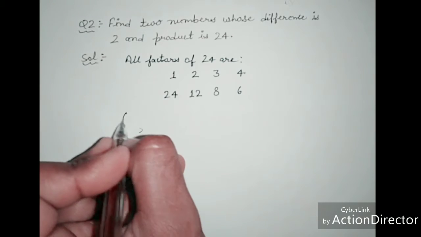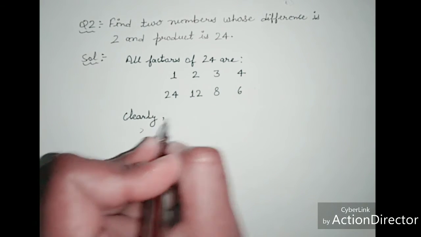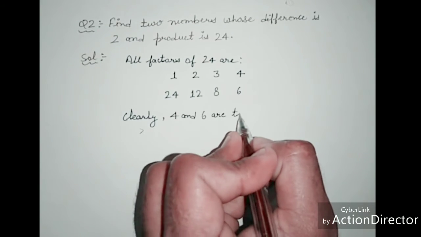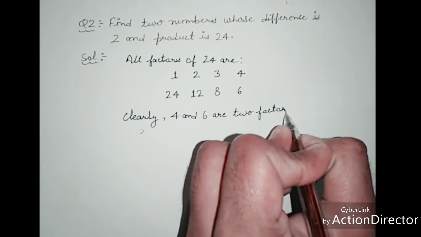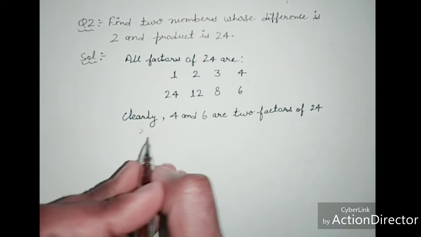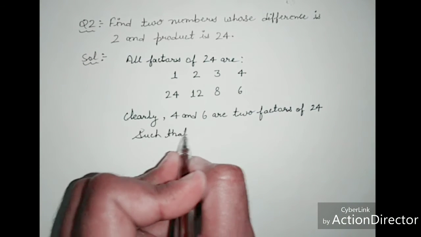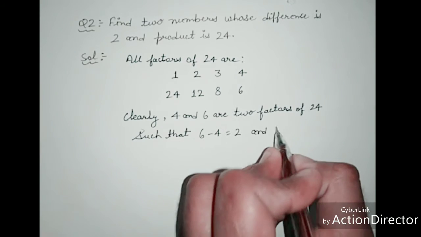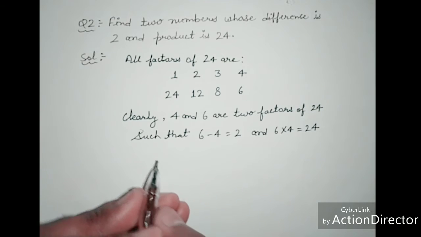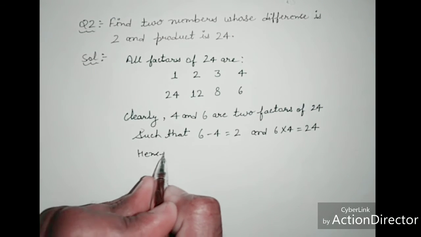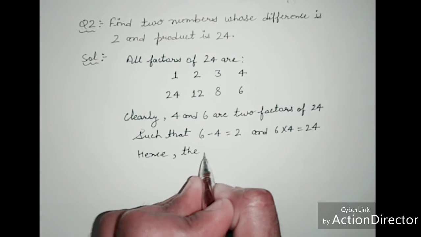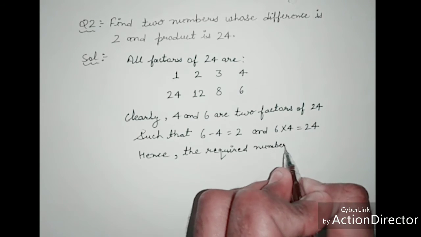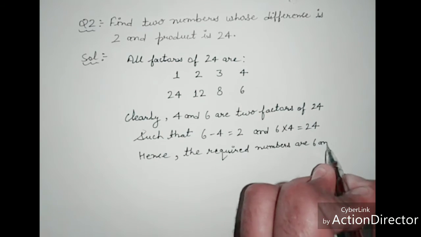So clearly 4 and 6 are two factors of 24 such that 6 minus 4 equals 2 and 6 multiplied by 4 equals 24. Hence the required numbers are 6 and 4.